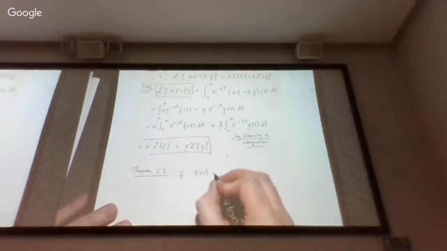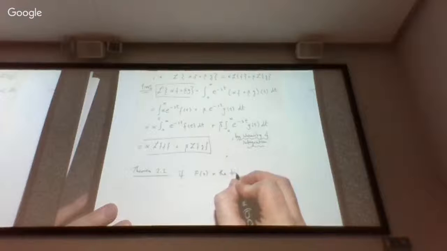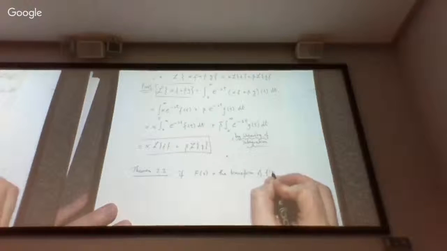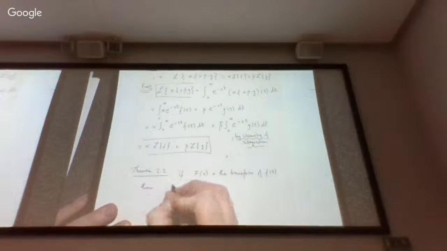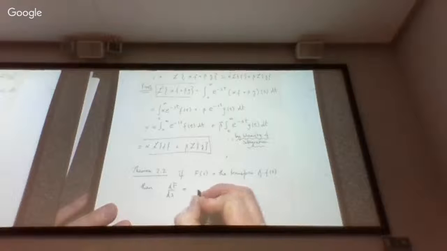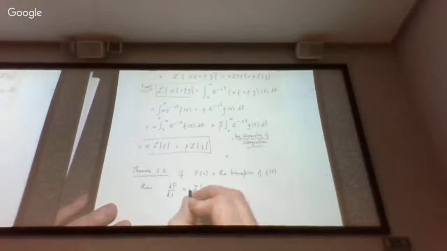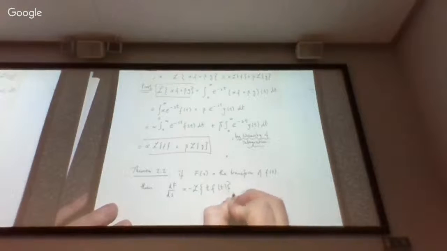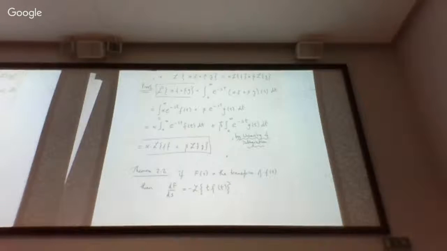If F of s is the transform of little f of t, then the derivative of F with respect to s is minus the Laplace transform of t times f of t.